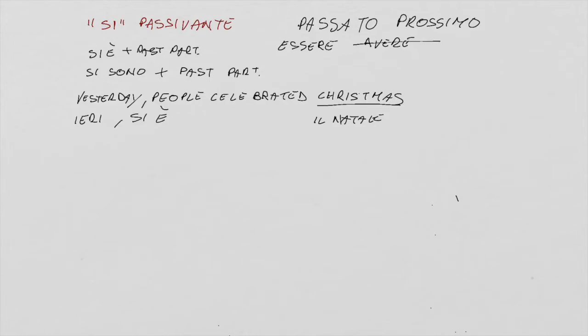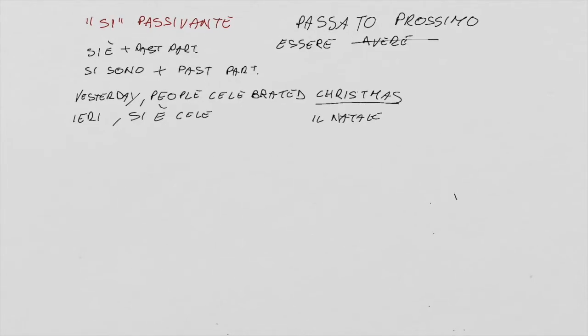Now, the verb to celebrate in Italian is celebrare. You need now the past participle of celebrare. The past participle of celebrare is celebrato, since you drop are and you add ato. In this case, celebrato doesn't change, since Natale is singular and masculine. So at the end, you have ieri si è celebrato il Natale.